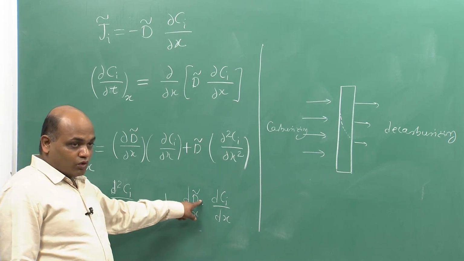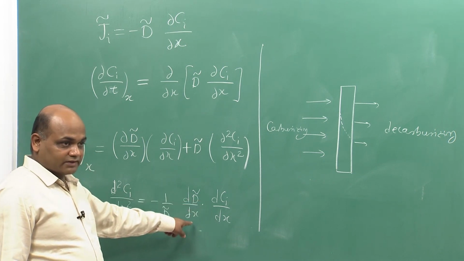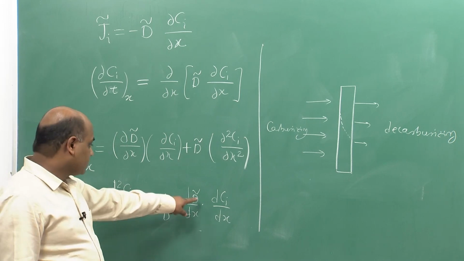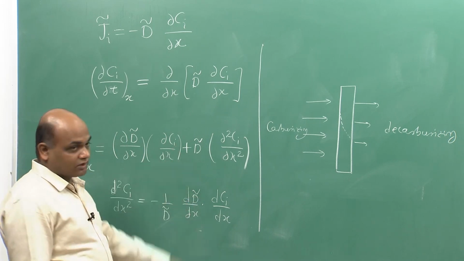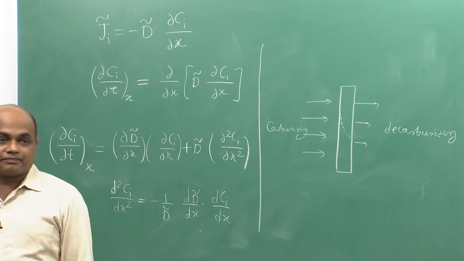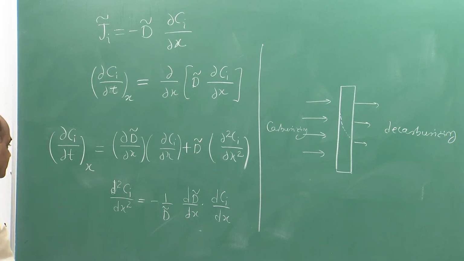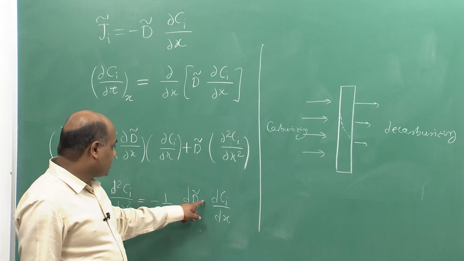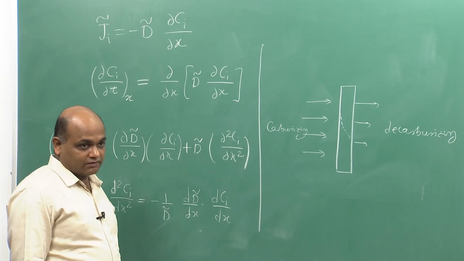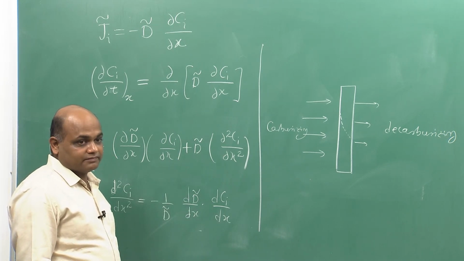So, now we need to know d tilde as a function of x, or in other words we need to know d tilde as a function of Ci. So, if d tilde varies with composition, we need to know how it is varying with composition, otherwise we cannot solve this equation.